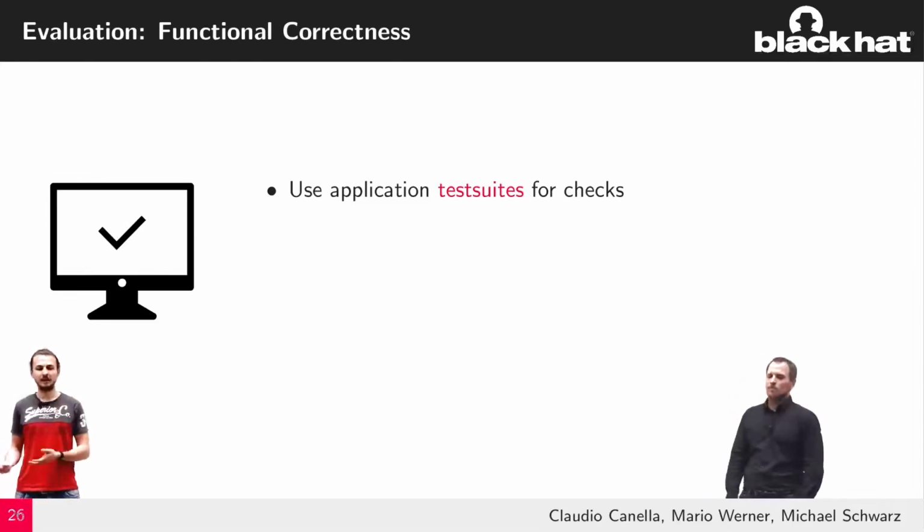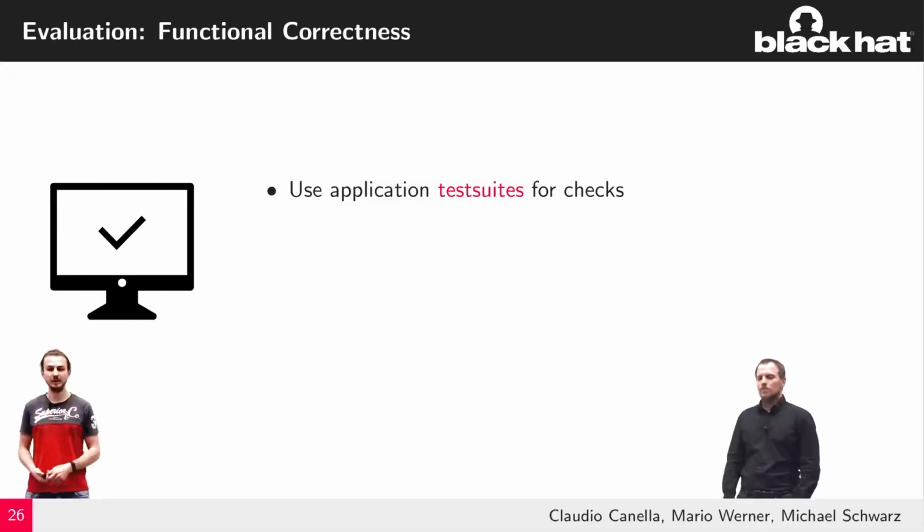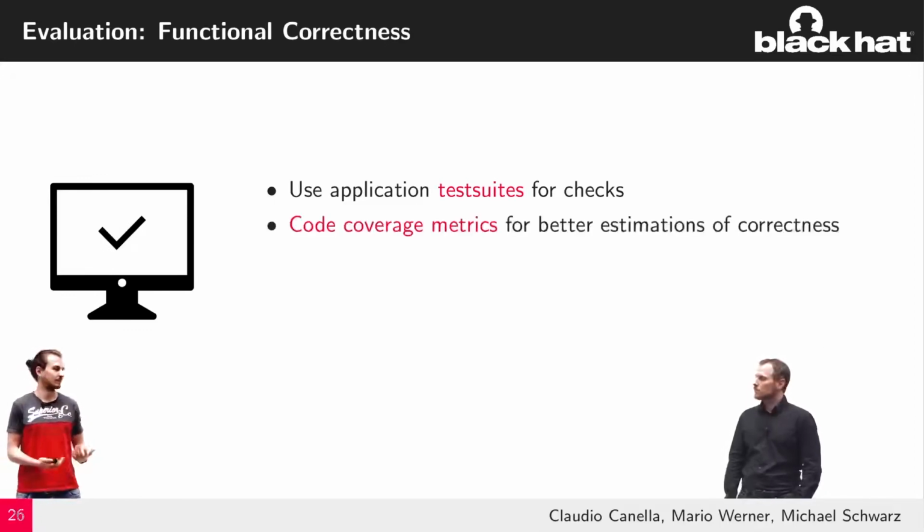But we used those that had some available, let those run, and checked whether these test suites completed successfully, because if they did not, then we might have made a mistake. To substantiate that we are actually looking at the majority of the application, we looked at code coverage metrics for a better estimation of the correctness.